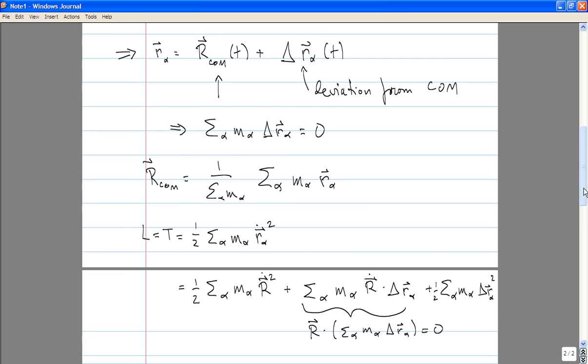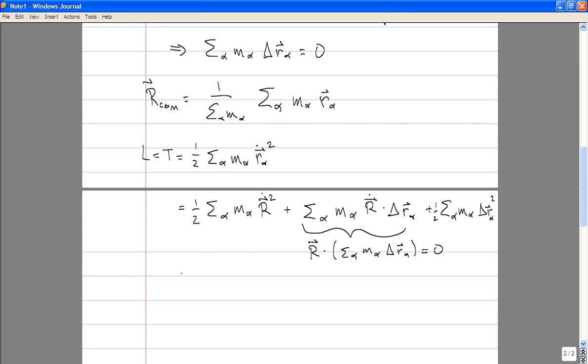So we see that the Lagrangian is the sum of two terms. It is 1/2 times the total mass, which is the sum on alpha, m alpha, times the center of mass position squared, plus the kinetic energy of the rigid body expressed in terms of a rotation about the center of mass.